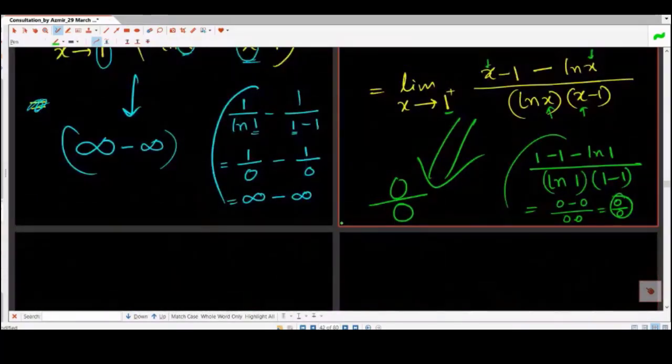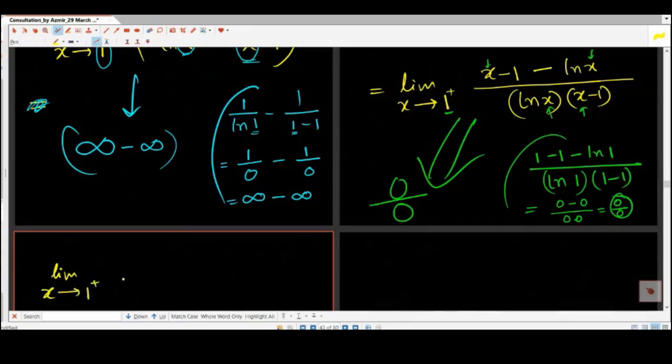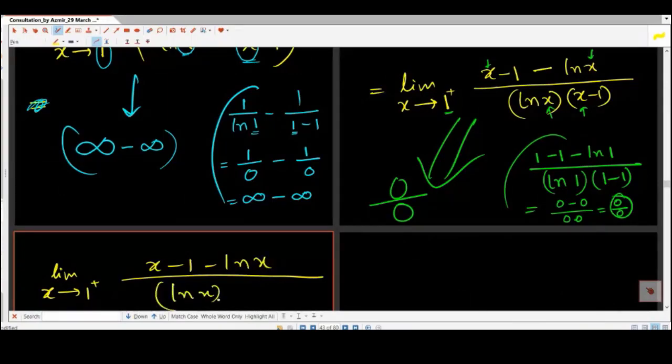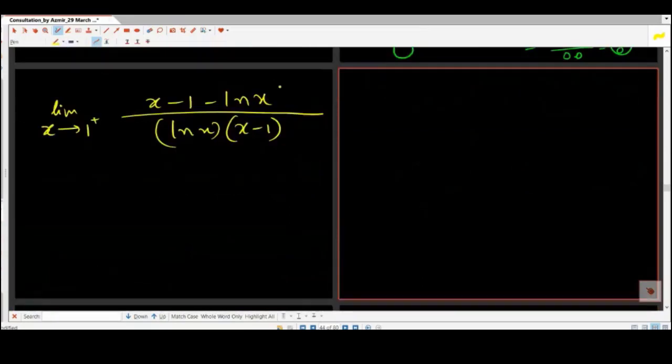Let me write again. The limit as x tends to 1 plus of x minus 1 minus natural log of x, over natural log of x times x minus 1. It is of 0 by 0 form, so we can apply L'Hopital's rule.